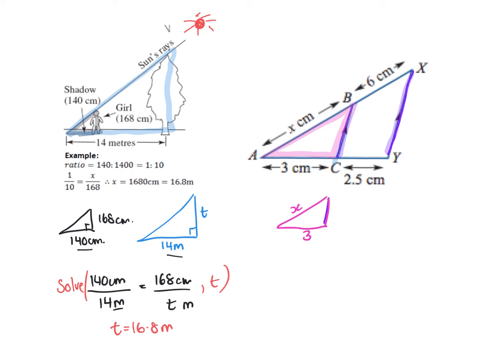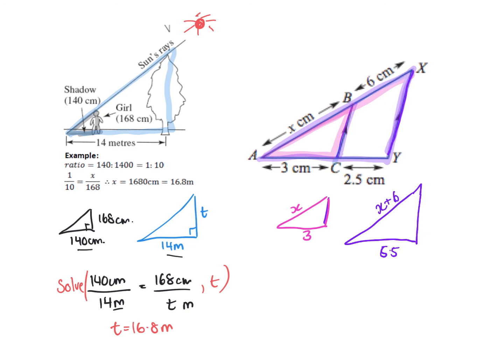It's similar to the overall triangle. If I drew that overall one, we have 5.5, and we've got x plus 6.